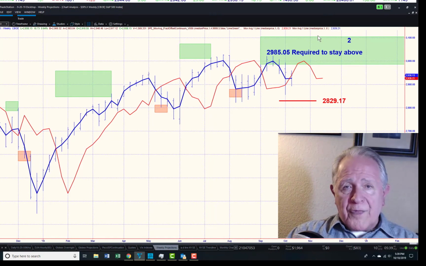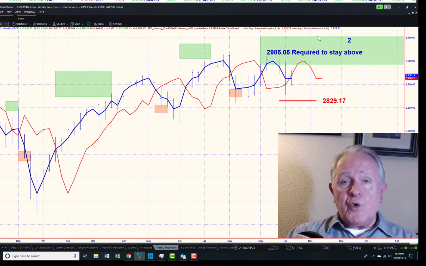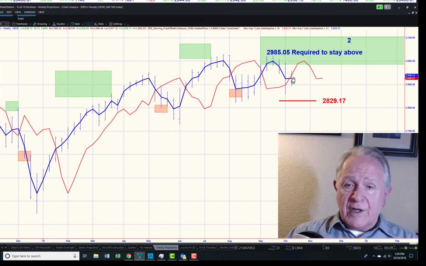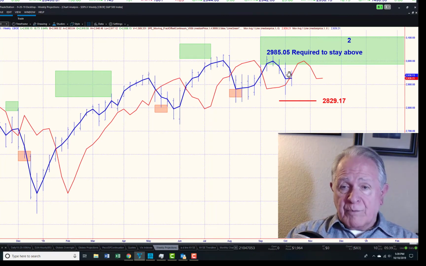But the important thing we want to point out is if you don't. If instead tomorrow's range is somewhere between the high and the low for the week so far, then we will have given a downside projection. And we can tell, just from what we've seen so far this week, what that downside projection will be.